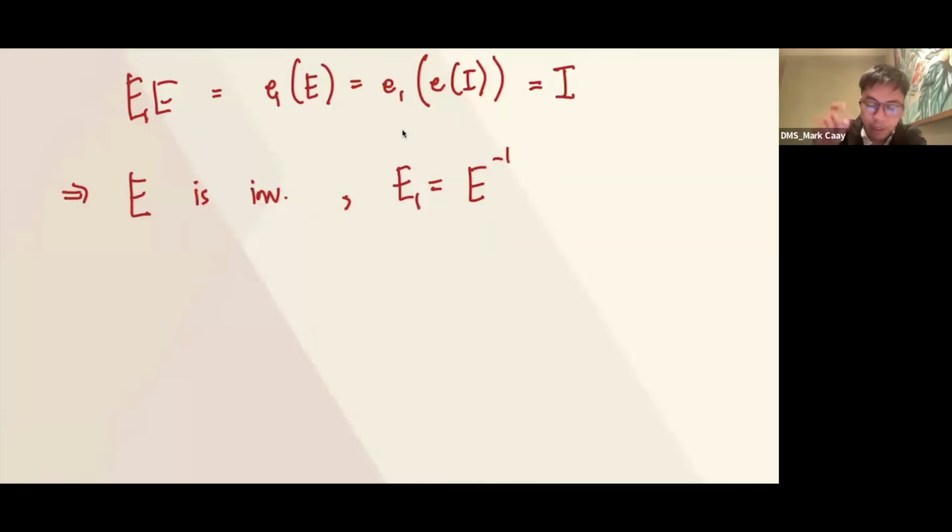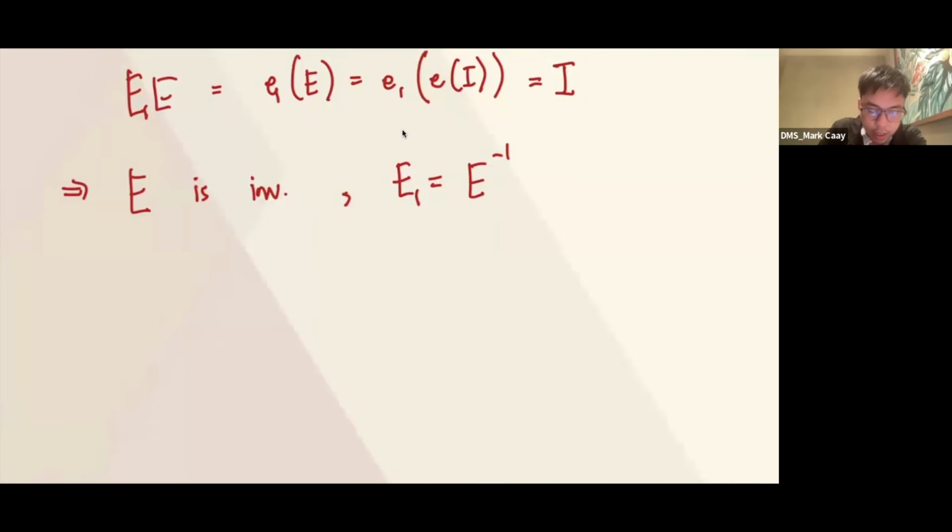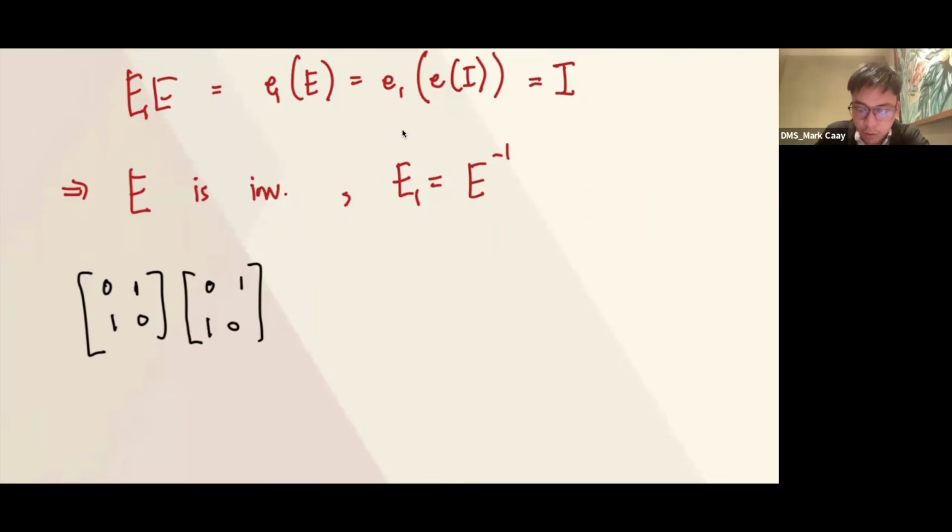Okay, let's try this for example. Paano natin mag-picture out yun? This one is an elementary matrix. This is invertible, and the inverse of this is in fact the same. So this is the same as 1, 0, 0, 1.